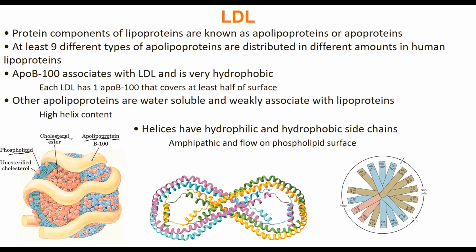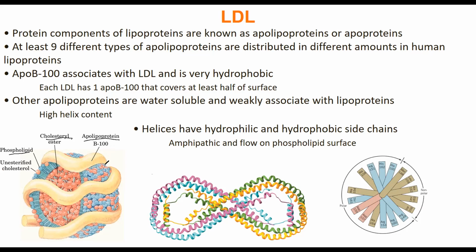And depending on what lipoprotein you're looking at, they're going to be in different amounts. So we're going to focus on ApoB100. This is the lipoprotein that associates with our low density lipoprotein, our LDL.